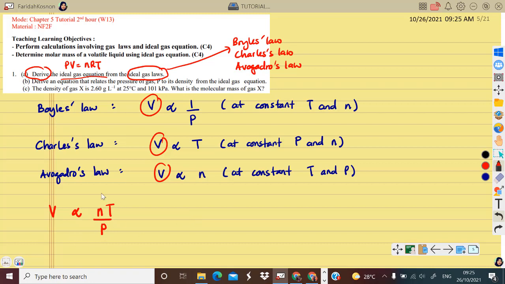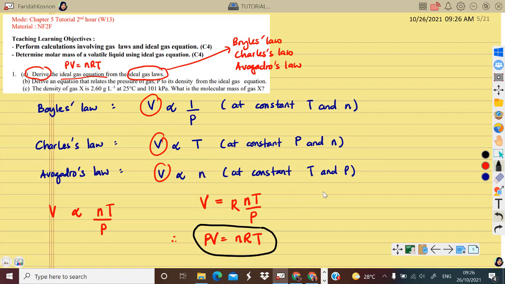Jadi sekarang bila kita gunakan perkaitan matematik, volume is equals to hasil darab mol dengan temperature bahagi pressure ni, okay, akan wujud satu constant kat sini. nT over P times R, ada satu nilai constant kat situ. Okay. Jadi bila kita susun balik semula, therefore nak dapatkan ideal gas equation kita susun semula PV equals to nRT. Jadi kita sudah dapat di sini the ideal gas equation from the gas laws.